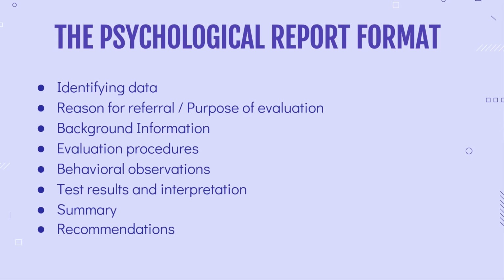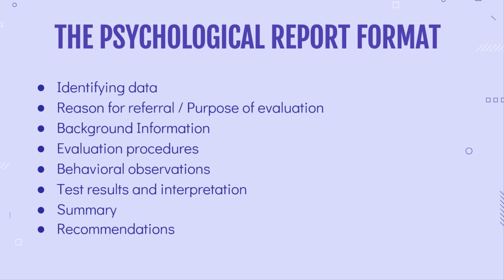So what are those significant results that you have written, or what are those outstanding behaviors or test results, and also from your intake interview and your behavioral observation? What are those traits, or what are those results?